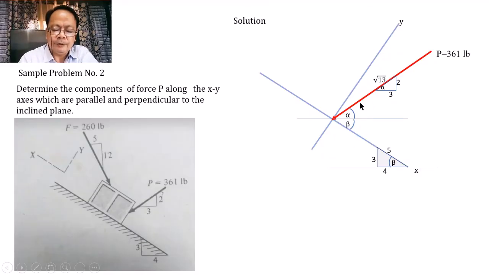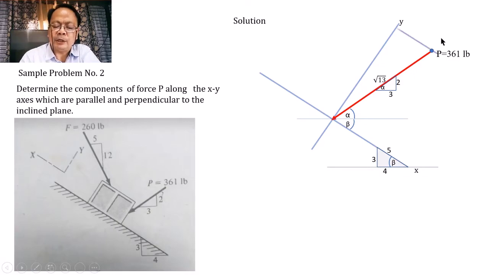And so let us imagine that we are drawing our components of P along the x and along the y. To do it, let us imagine that at the tail of P, we draw lines that are parallel to the x and y plane.